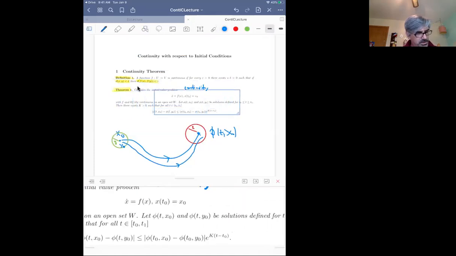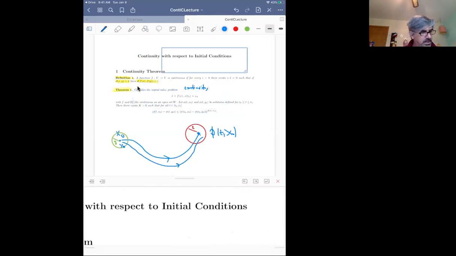All right, so here's the heart of it. It says let phi of t x 0 and phi of t y 0 be solutions defined on some interval of time, t0 to t1.